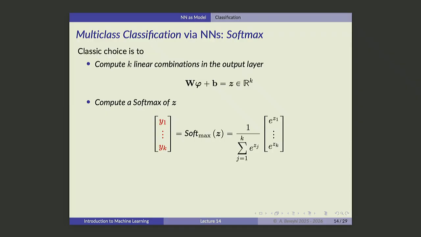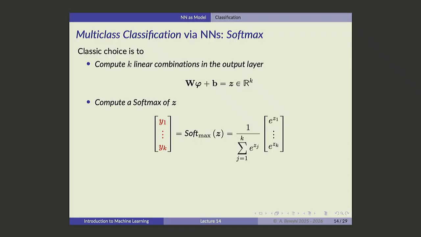It's going to get every single z, and it's going to compute an exponential function of that, right? So z1 to zk, now you compute exponential of z1 to exponential of zk. Now, exponential function, can it be negative? No, it's always above the horizontal axis, right? So it's never negative. This means that the entries in this vector are all non-negative, right? So this is one part of the job that we needed.